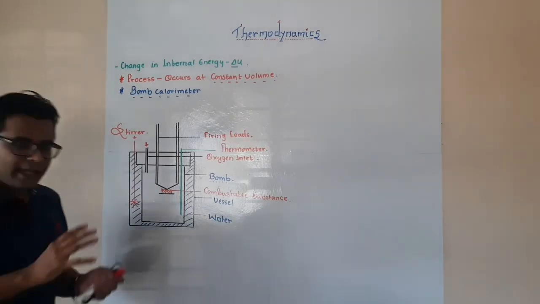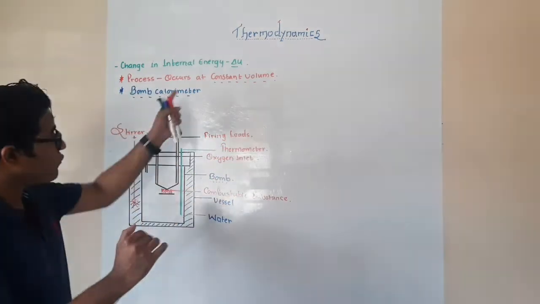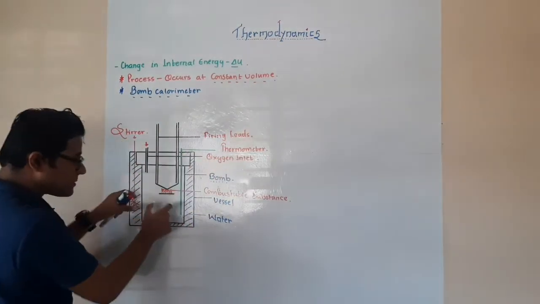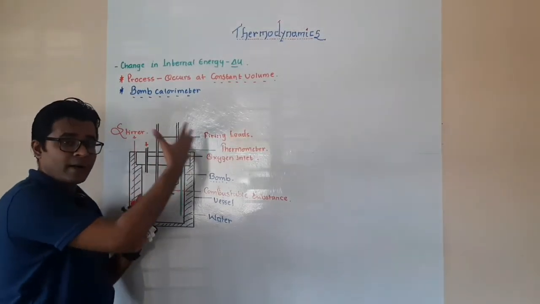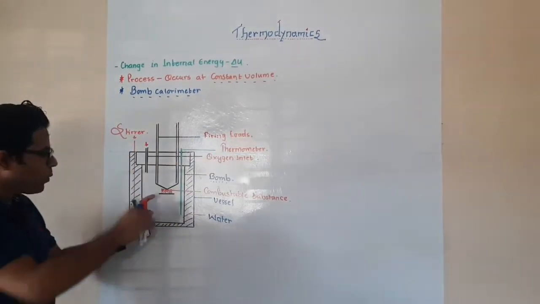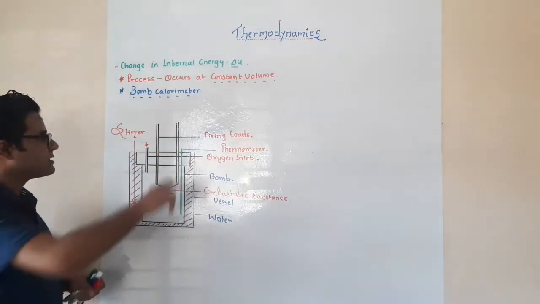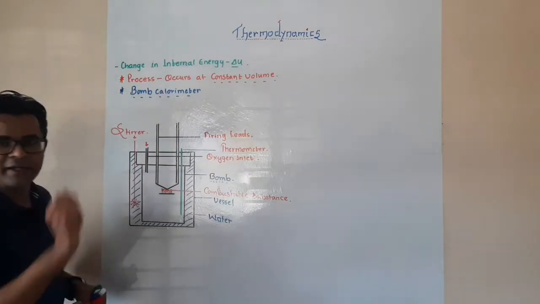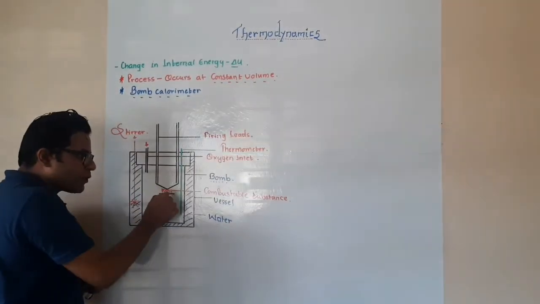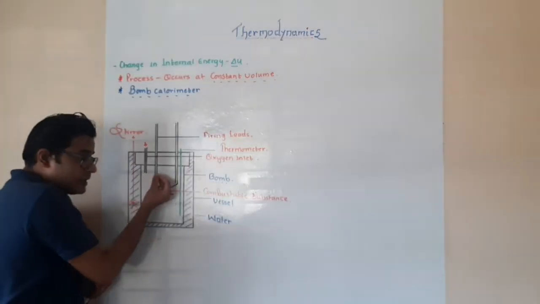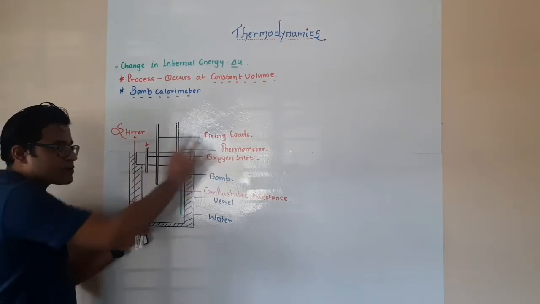Any process which is going to occur at constant volume means this entire system is sealed. The volume is not going to expand over here, correct? So once we have taken this bomb and it has been immersed in water, these firing legs are connected to a battery. When we switch on the electricity, these firing rods will start to burn the material inside the bomb in the presence of oxygen.